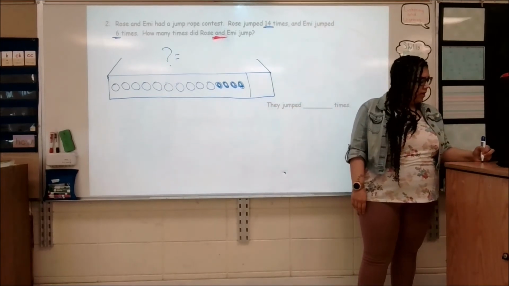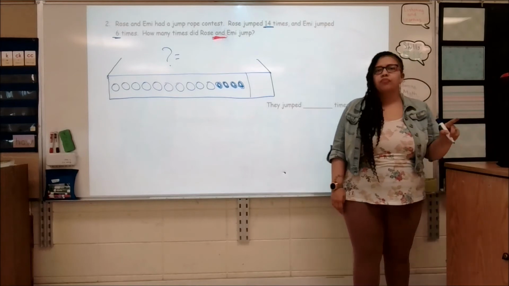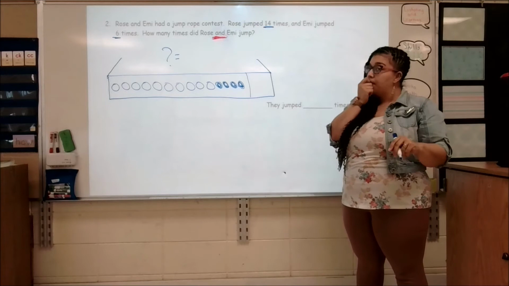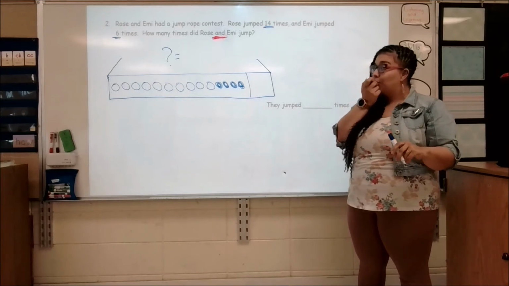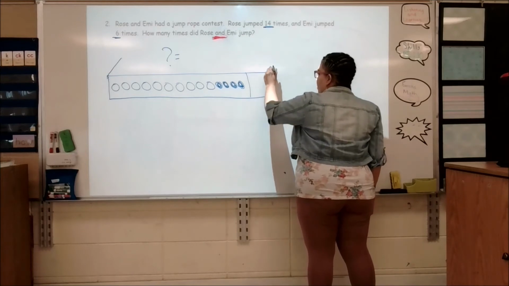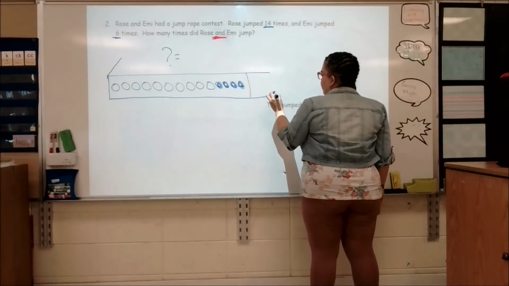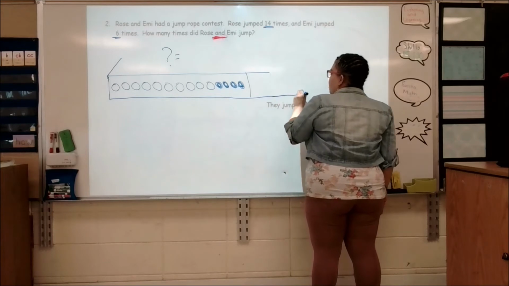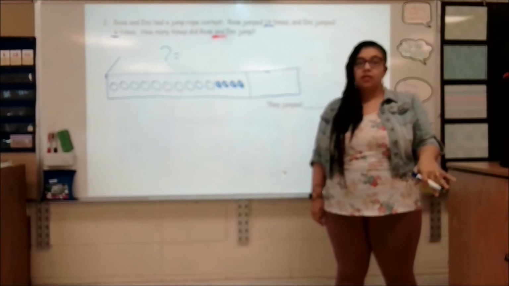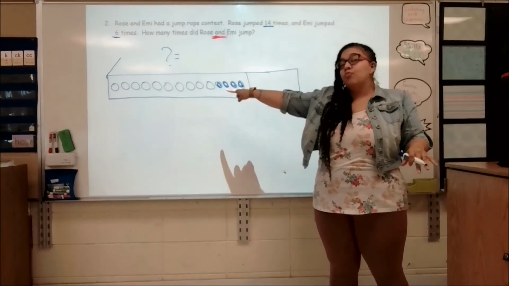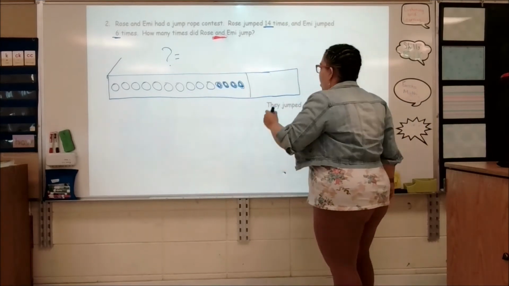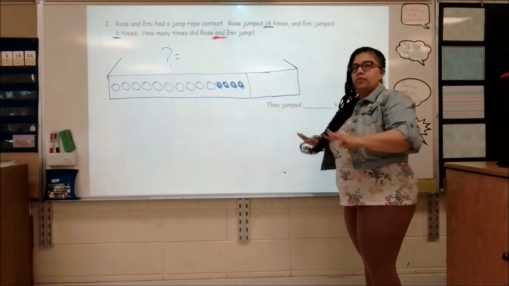Now, here's my question to you. Did I make this long enough to include all of Emmy's jumps? So what do I do? That's what the eraser's for. Just make the box bigger. Now, should this side of the box be the same size as that side of the box? No, because there's more in there. That should be bigger if this is all connected to make one larger whole.